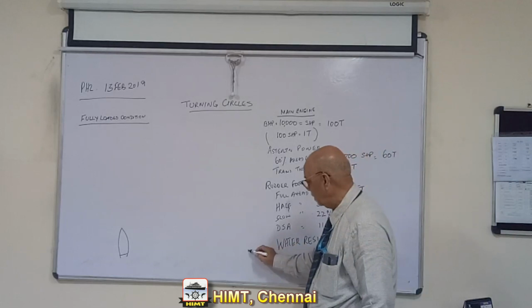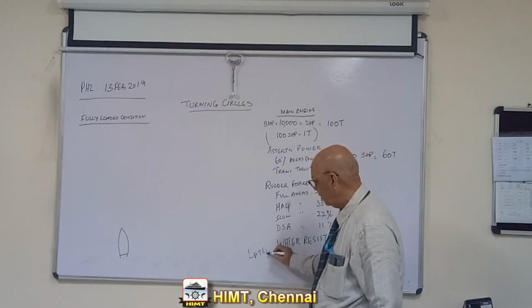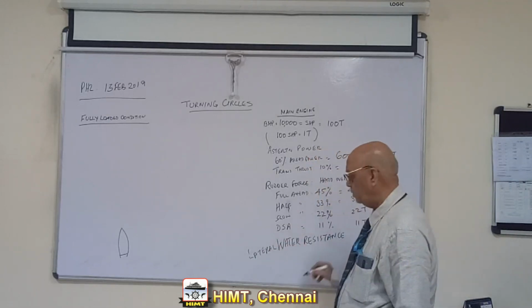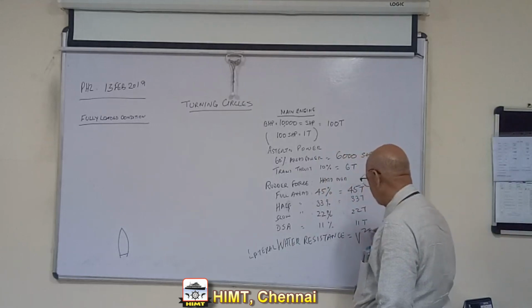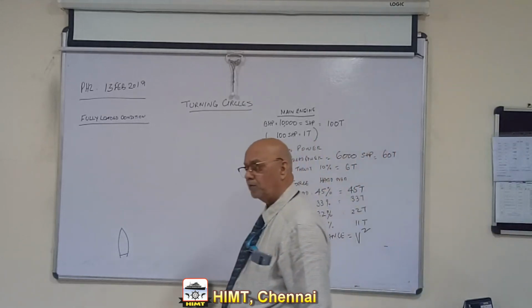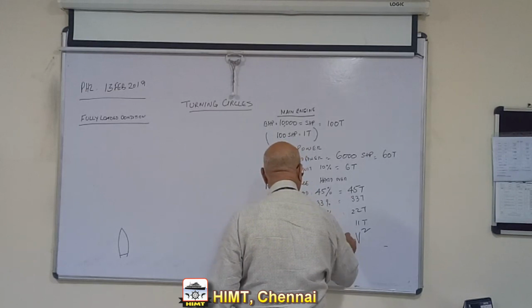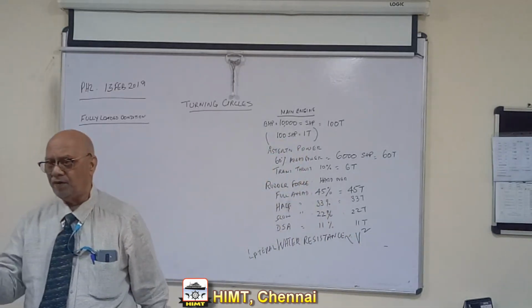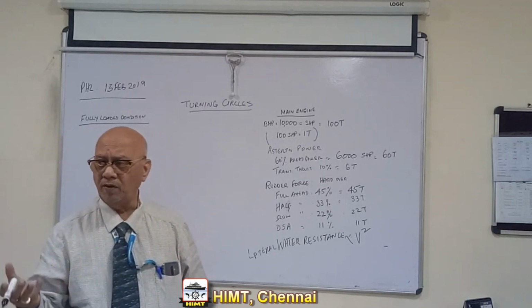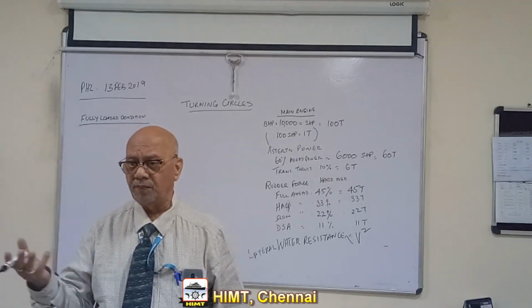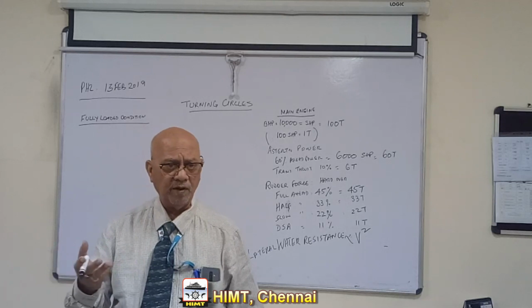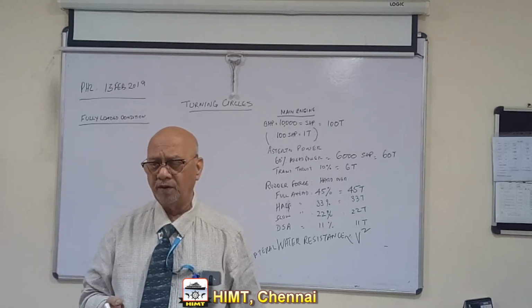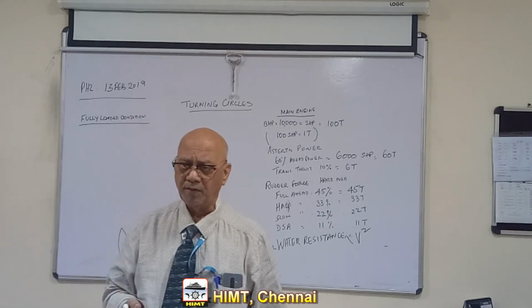In this case, lateral water resistance is directly proportional to V squared. That we have already done. If you are doing 12 knots, water resistance will be 12 squared, which is 144 tons.